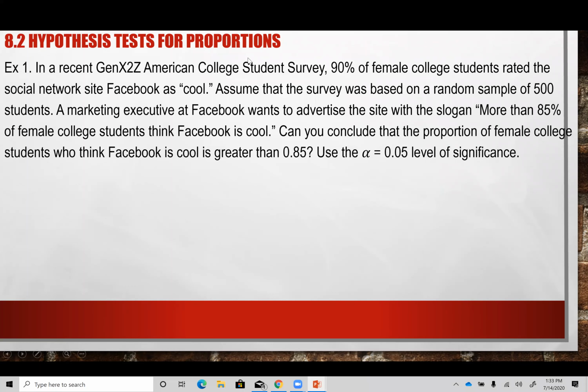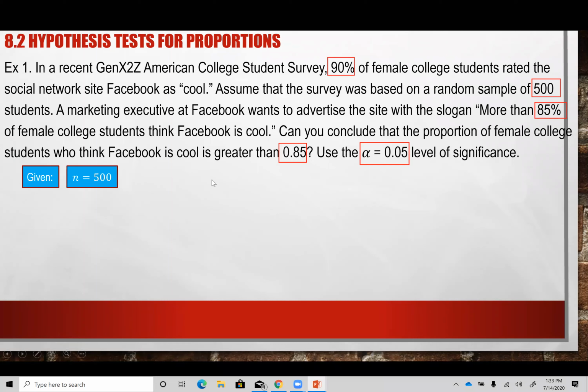So looking at this, if you're stuck, you just go in here and identify what numbers they give us. The slogan is the same as this item. So if you block out all the wording and just focus on the numbers, hopefully you see that 500 is easy to spot, that is your total sample, that's your N, right?